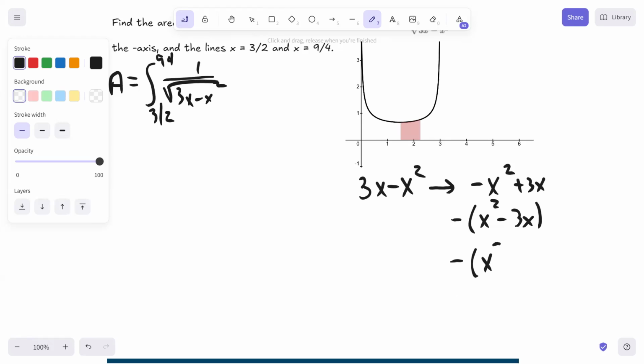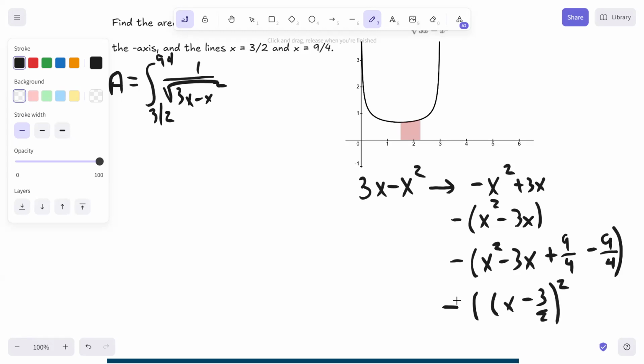So x squared minus 3x plus, so negative 3 halves squared is going to be 9/4, and then you're going to subtract 9/4 all inside that. So you would have negative x minus 3 halves squared minus 9/4. Okay.